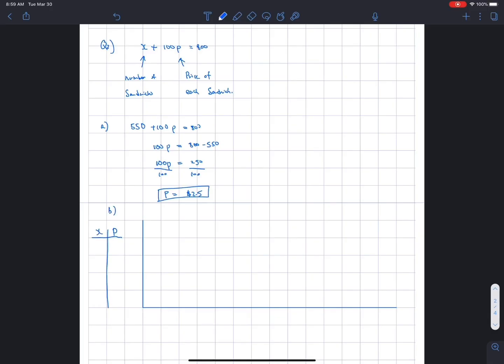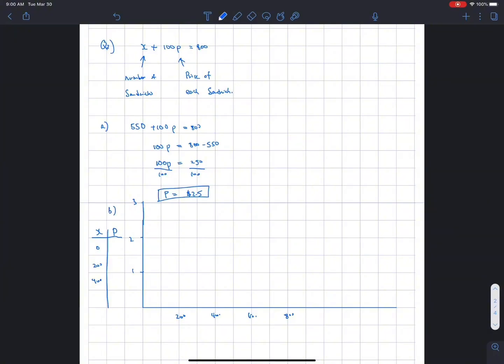x and p. This is 200, 400, 600, 800. So I can use 0, 200, and 400 because these are values that I can see on the graph clearly. Okay, and we are using this equation.